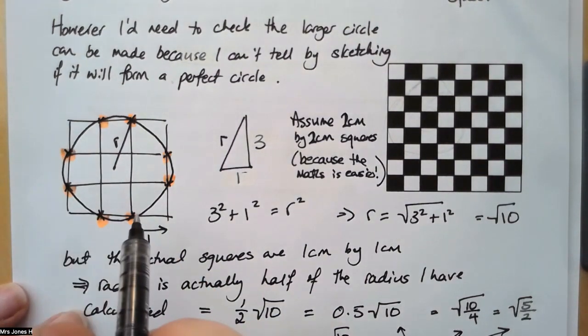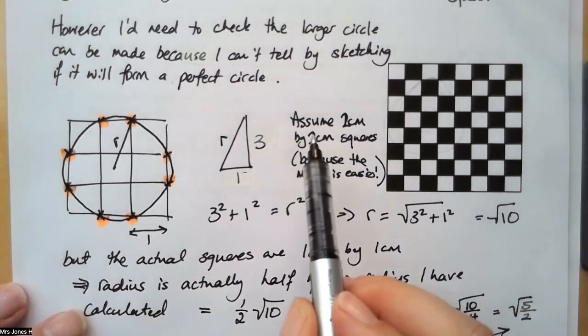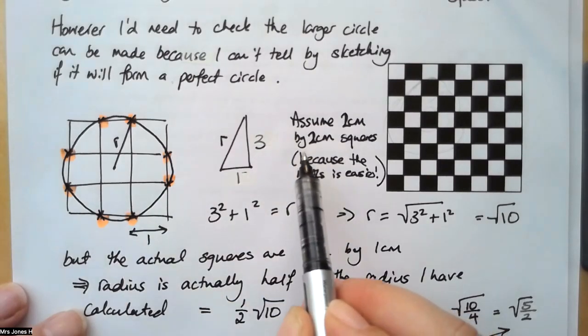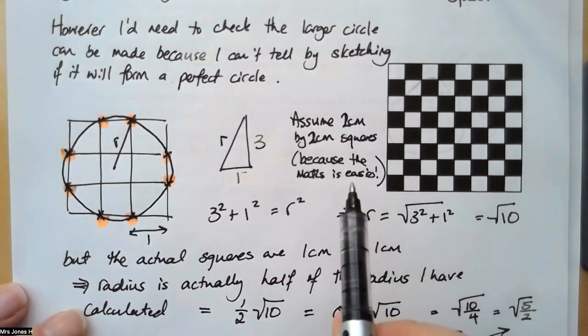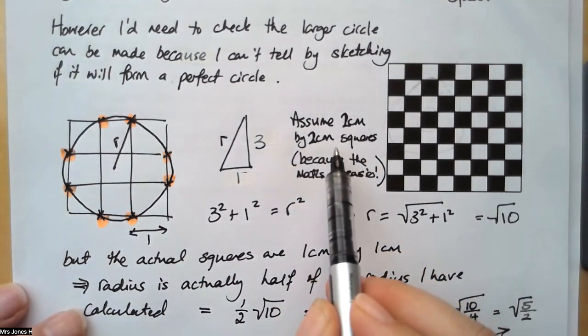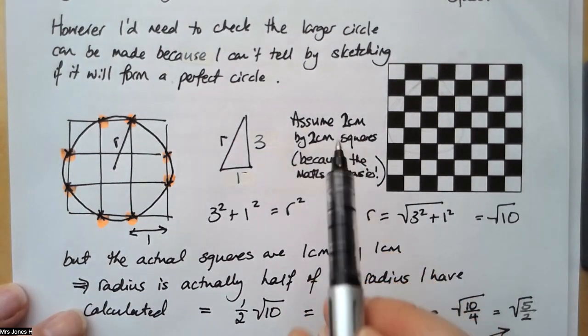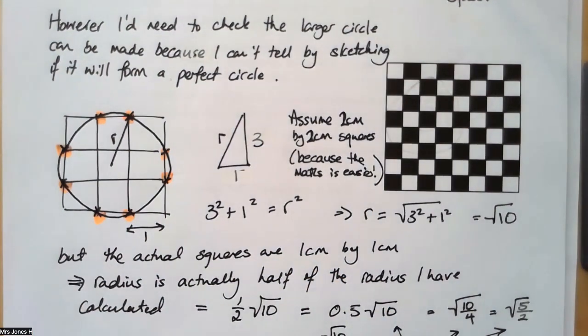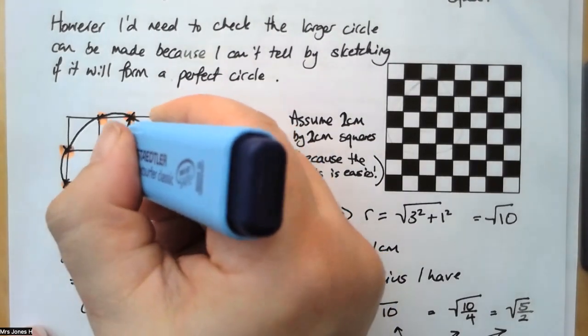So yes, I can make this circle. I'm going to assume that each square I've drawn here is actually 2 centimetres, because it makes the maths easier, and then we'll tackle the fact that they're only 1 centimetre squares afterwards.